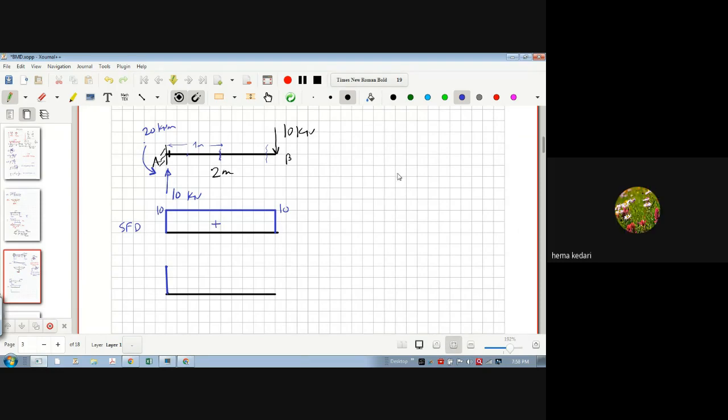If you are a beginner, ऐसे भी कर सकते हैं, जस्ट कट दिस पोर्शन। सॉरी, 1 मीटर है ये, और ये मेरा सेक्शन पॉइंट है, और I know the forces at this point। तो ये मेरा 20 किलोन्यूटन मीटर, और ये मेरा शियर फोर्स 10 है। What is the shear force at this point?